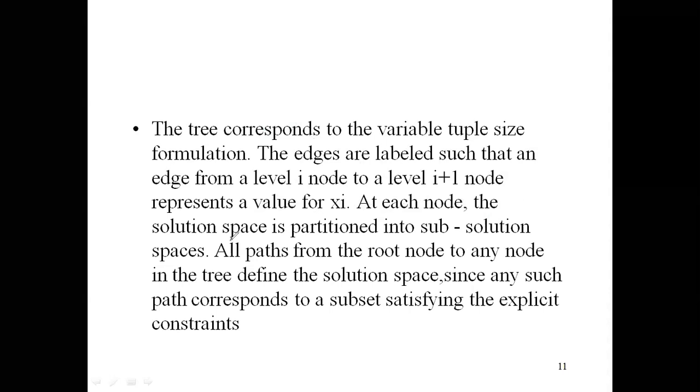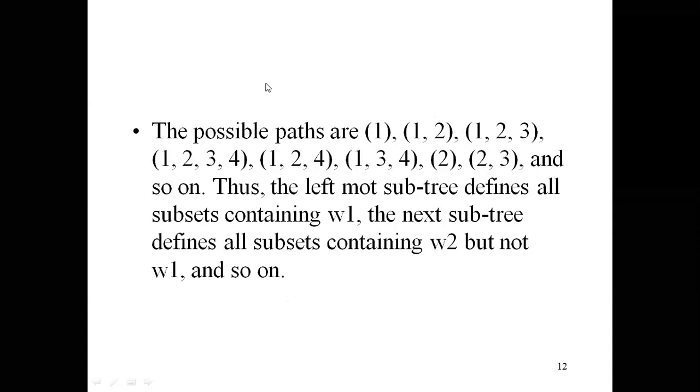At each node, the solution space is partitioned into sub-solution spaces. From the root node to any node in the tree, the path defines the solution space, since any such path corresponds to a subset satisfying the explicit constraints. Only then will that particular solution path be considered as the final solution. So all these are possible paths.